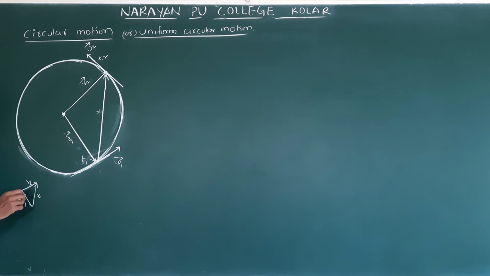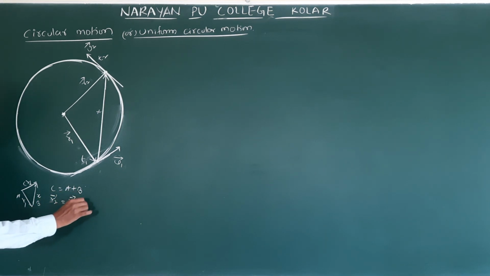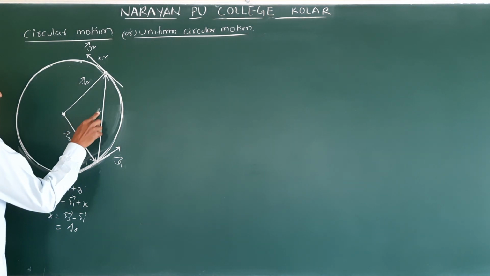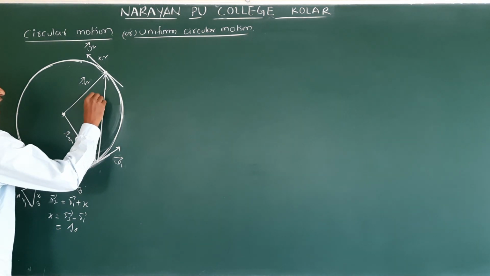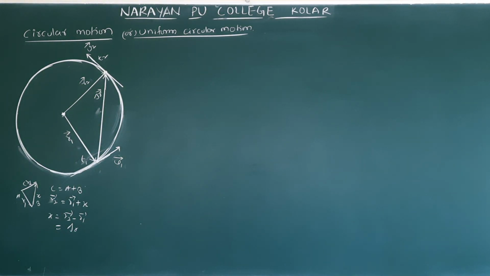Let us say this is A, this is B, this is C. How do we write it? C is equal to A plus B. Then here, what is C? r2. What is A? r1. What is B? x. Then x is equal to what? r2 minus r1. How do we write this? Delta r. So this displacement vector we write as delta r, the change in position.